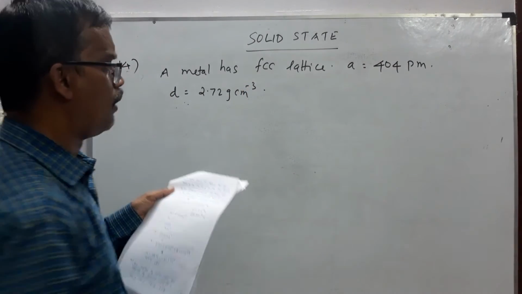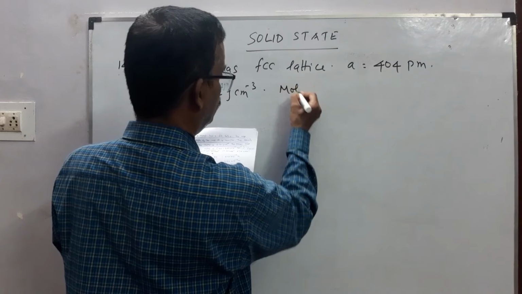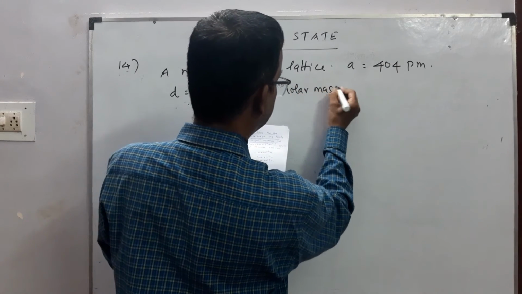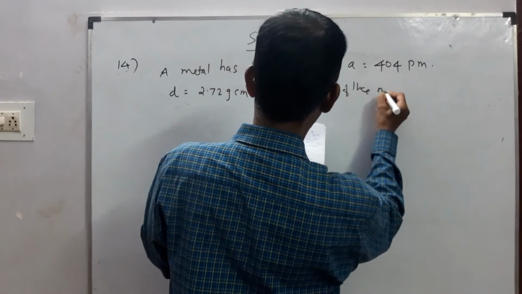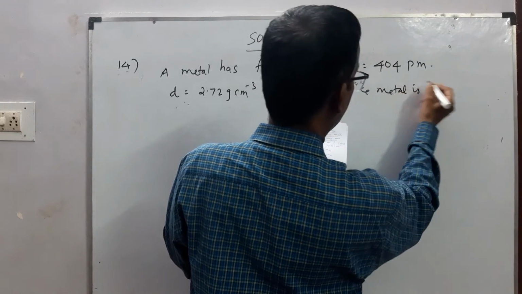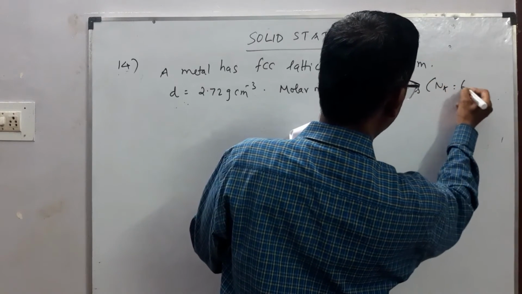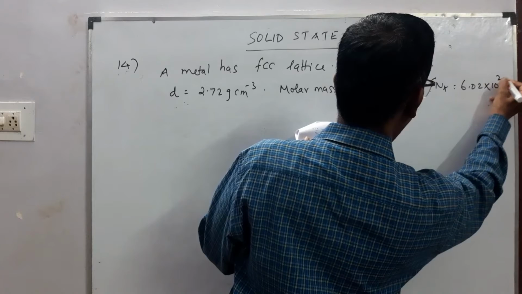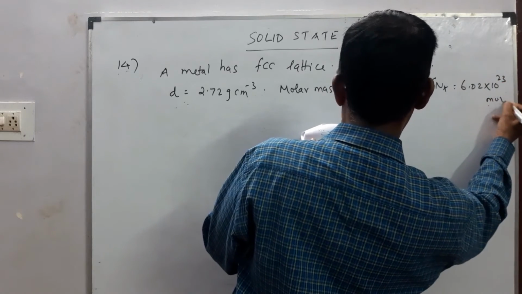The molar mass of the metal. Avogadro number is 6.02 into 10 to the power of 23 per mole.